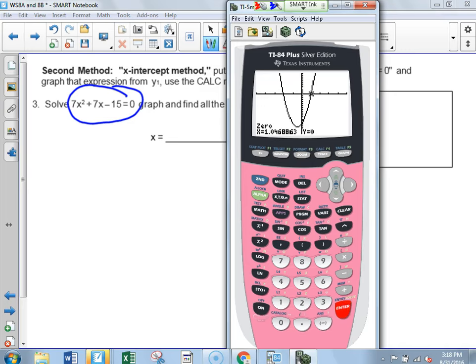Okay, 1.047. Now, if I put 1.047 back into that equation, am I going to get exactly 0? No, but pretty darn close, depending how many places you go. If you round to 1, you're not, right? You're going to get negative 1, because we already tested that.